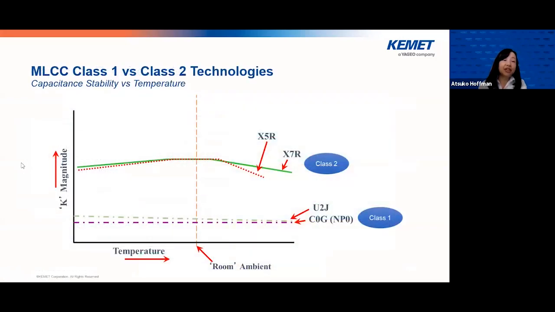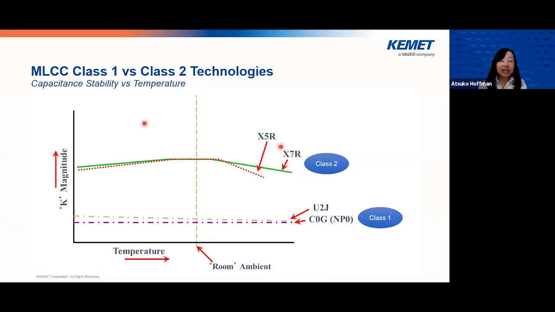This is a chart that shows dielectric constant versus temperature. When you talk about MLCC, there are a few classes, and one is class 1 dielectric, such as C0G and U2J, and the second one is class 2, X7R and X5R.